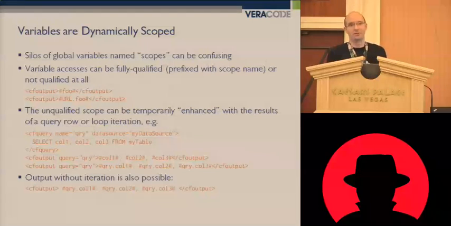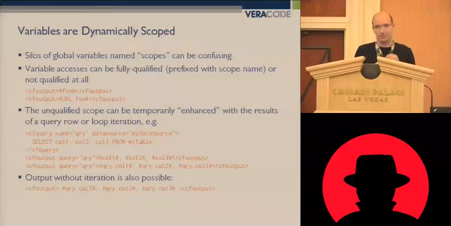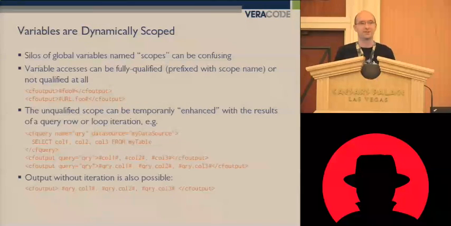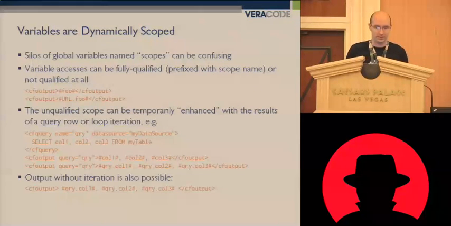In documentation, you'll see them referred to as scopes. And that's slightly confusing if you're in a very explicit, anal retentive programming language design sense, because they're not really scopes, but they are.